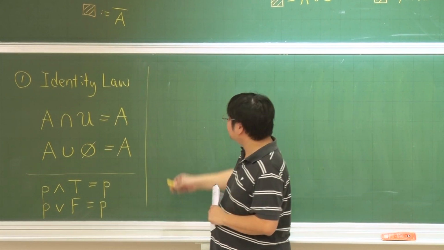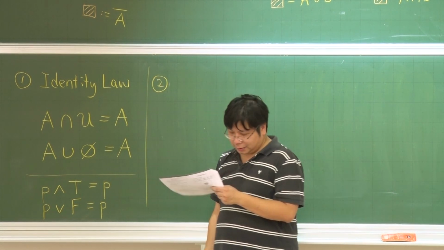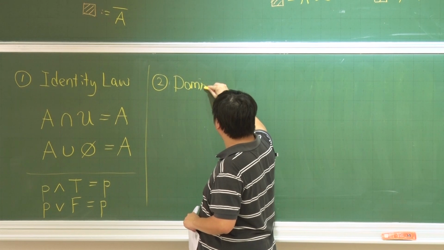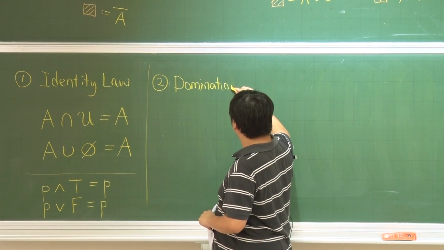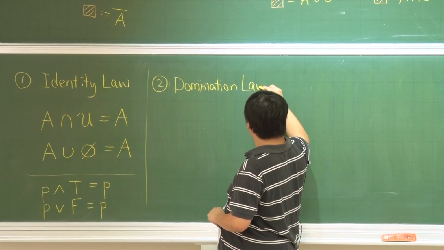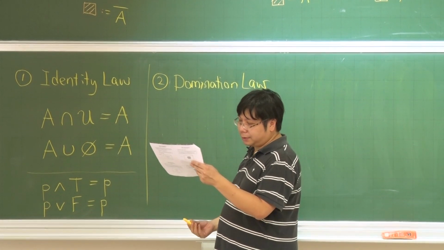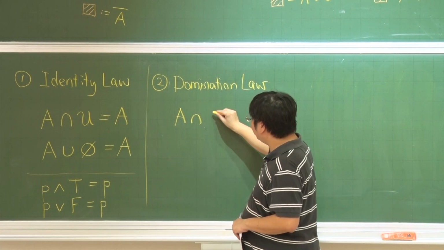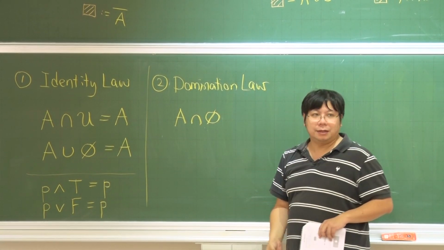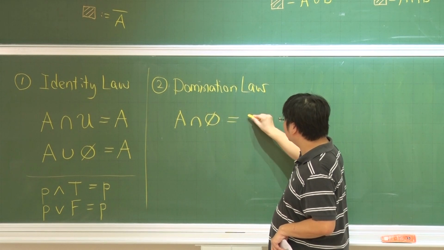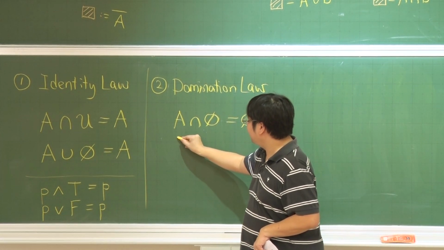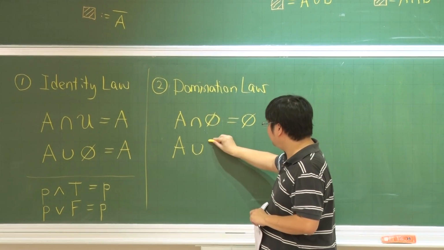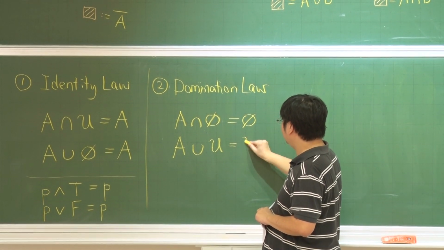And then you have the second one, the domination law. So the domination law says, this time we switch: if A intersect the empty set, then you get the empty set. And if you have A, but this time you union the universe, then you get the universe.